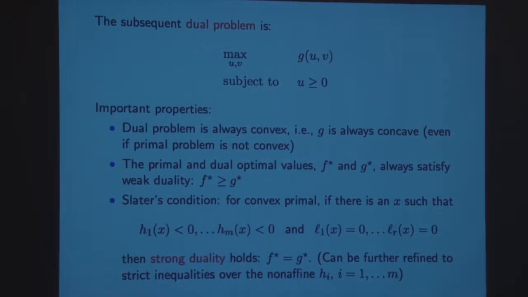It's a very weak condition. It would be pretty unusual that you wrote down a problem that was convex for which Slater's condition didn't hold. If there didn't exist a strictly feasible point, it'd be a pretty peculiar problem that you're writing down.